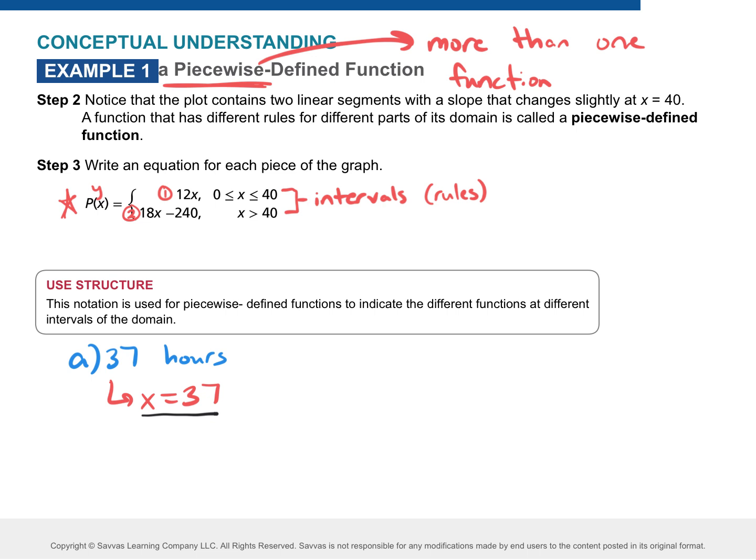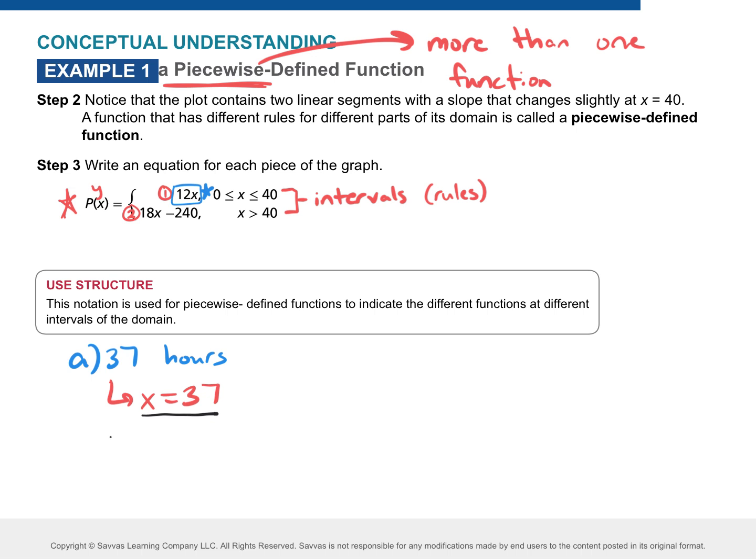Is 37 between 0 and 40, or is it greater than 40? It's between 0 and 40. So we've activated this interval right here. Since it's between 0 and 40, which equation are we going to use, 1 or 2? We're going to use this equation here. So we activated that equation.